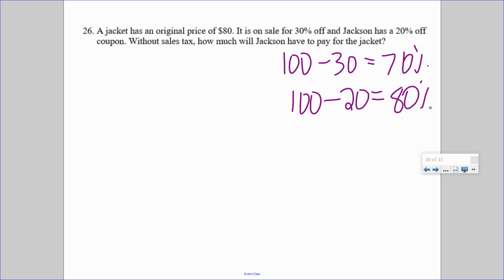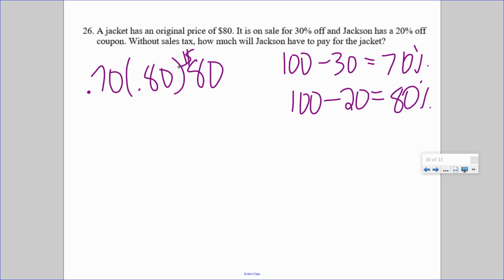So I have two percentages. I'm paying 70% of 80% of $80. So if you have multiple percents, you're just multiplying them all together. And again, it's not about what you're not paying, it's about what you are paying.